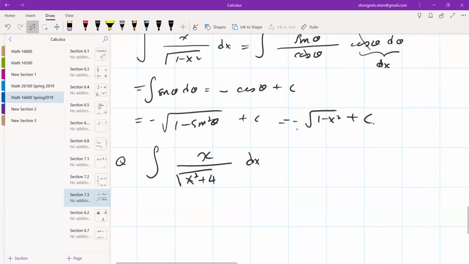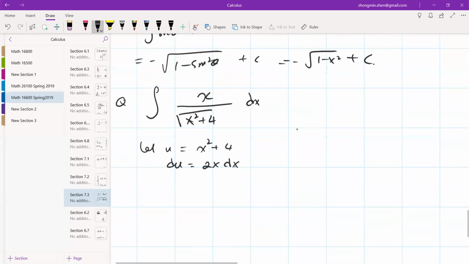Right, so you look at, yeah, it's similar to the above problem, right? So the natural substitution is just u equals x squared plus 4. So du equals 2x dx, right? So the integral becomes, and here it's just half of du, right?